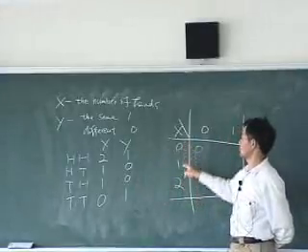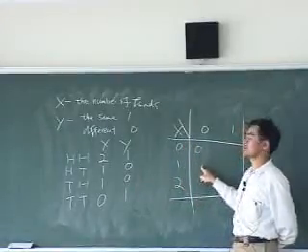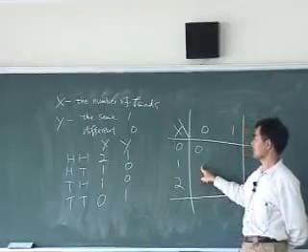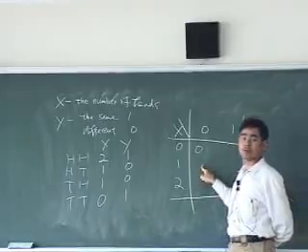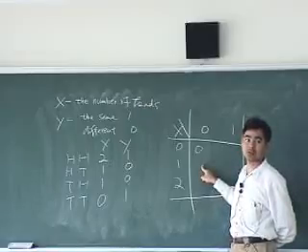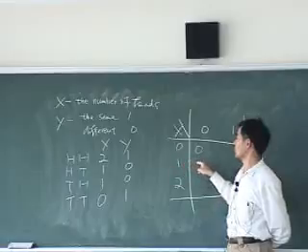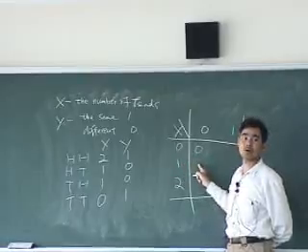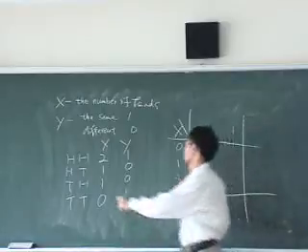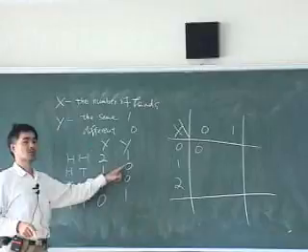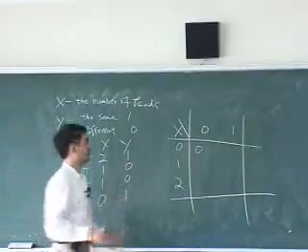What about x equal to 1 and y equal to 0? How much? It is 1/2, right? Because here, x equal to 1 and y equal to 0 gives 1/2.